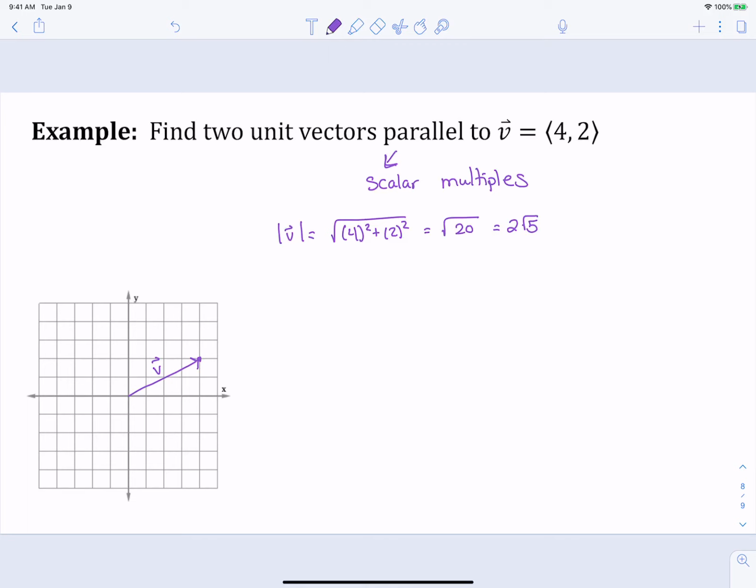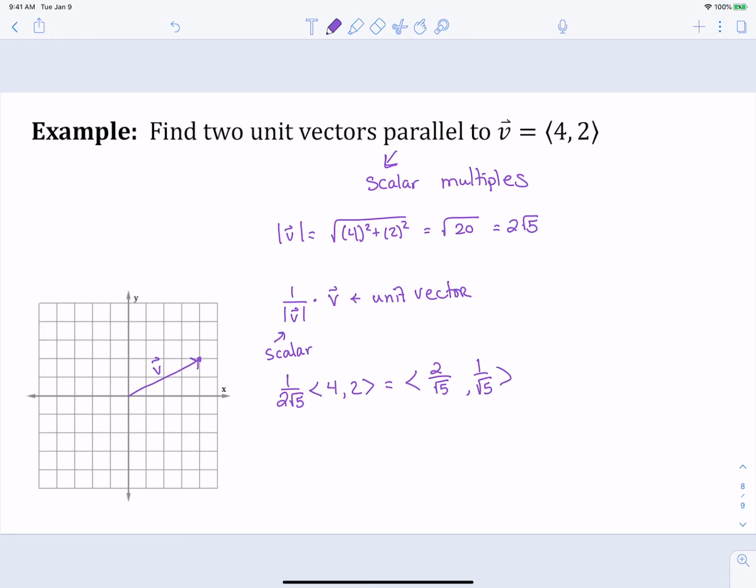If we want to shorten that up so that its magnitude, its length, is 1, if we take 1 over the magnitude times our vector, this is going to be a unit vector. And this is okay because this guy is a scalar, so that's just a number. 1 over a magnitude, magnitude is a number, so 1 over that magnitude is still a number. So our magnitude was 2 square root of 5, and if we multiply 1 over that by our vector, 4, 2, we're going to get 2 over the square root of 5 and 1 over the square root of 5.